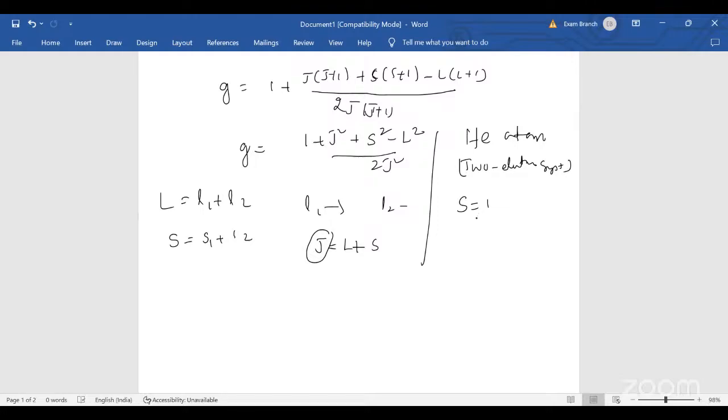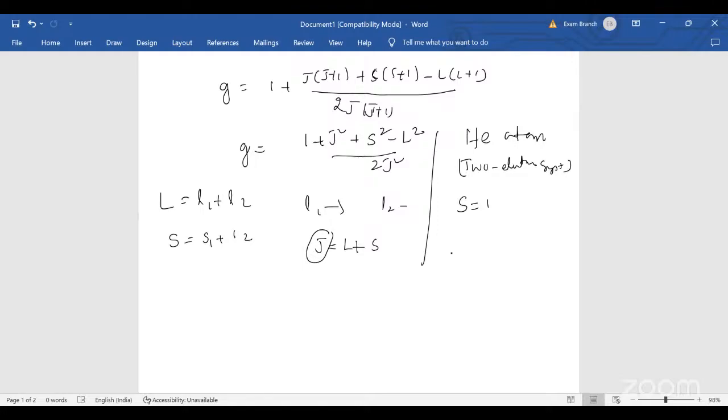Suppose you take S equals 1, you get what we call a triplet state, since the 2-electron spins are parallel, parallel to the field. So half plus half is 1. That is the reason why we have taken S equals 1.